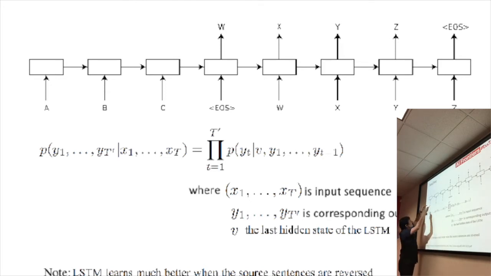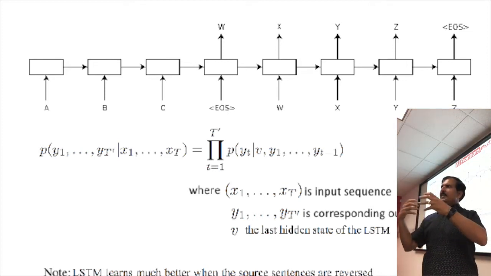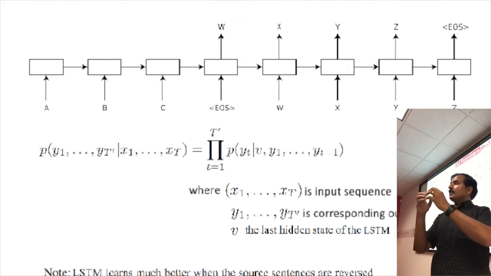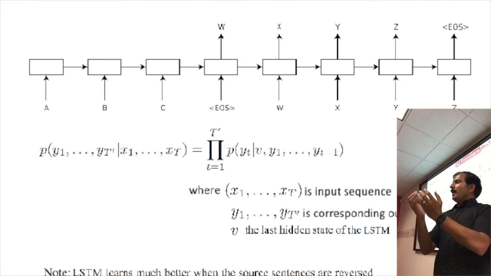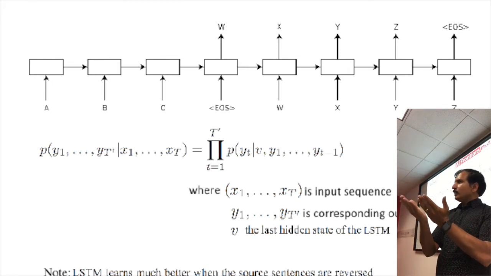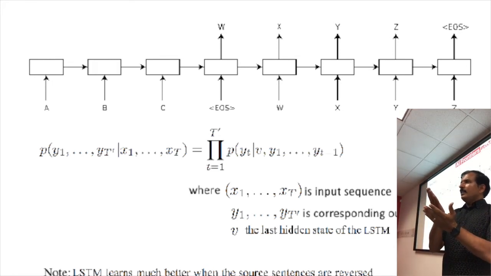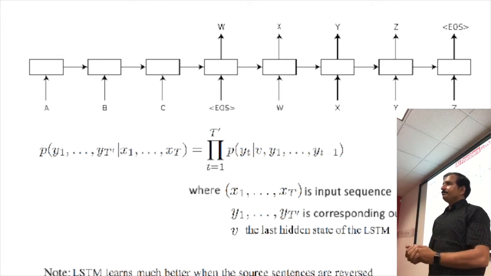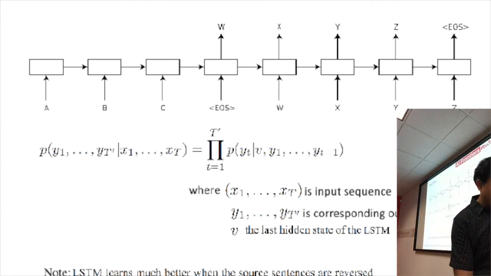At this time step, the model is taking A and the stacked model is taking C. In this case, it's taking B and the other one is also taking B. And here, it's taking C and the stacked model is taking A. Both these inputs are considered by the individual LSTMs, and each LSTM emits its own hidden state, and those two hidden states are concatenated, which will have more effective information about the word at T and the word at N minus T. So that's the sequence-to-sequence model, but used in bidirectional.